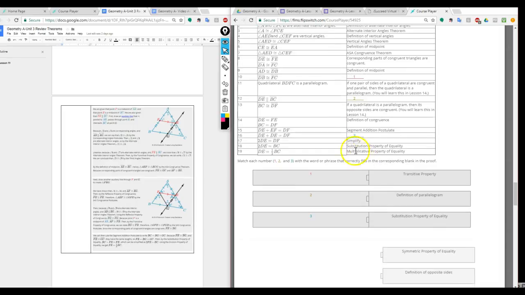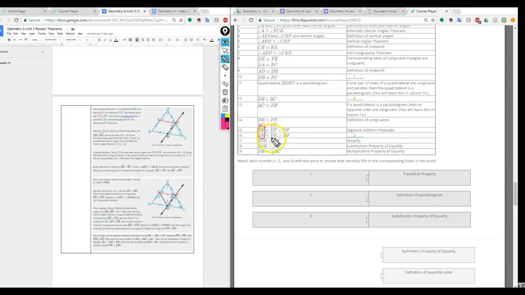And blank 3 could be filled in by the substitution property of equality because if we look right here, we have DE plus EF equals DF, and then we have DE, which is the same, and then plus DE, which is different.